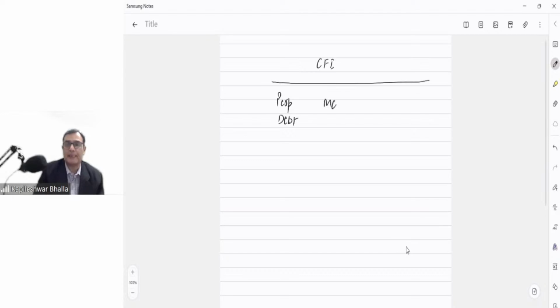So let me put it as MC, mandatorily convertible. Then I covered the concept of partially convertible. Let's put it as PC. And I covered the concept of optionally convertible, that is OC. So these are the 4 kind of compound financial instruments which I covered with you in the previous session.